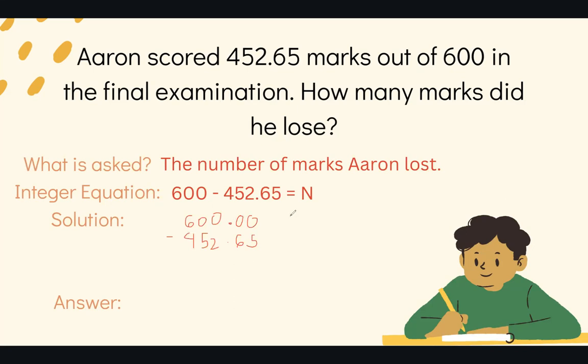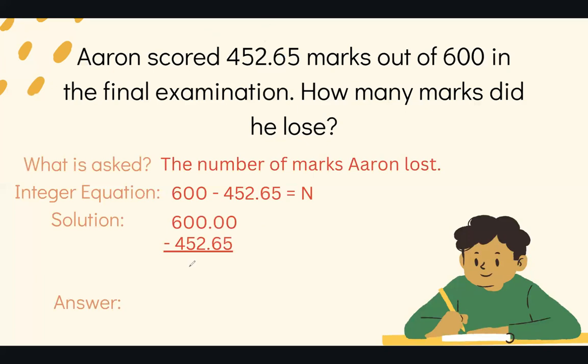Again, make sure to align. This is very important. You cannot write it like this. If you wrote your solution like this, for sure you will get the wrong answer because alignment of the decimal point is very important. So that is now 600.00 minus 452.65.